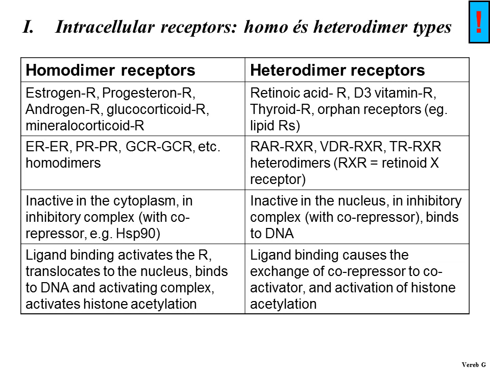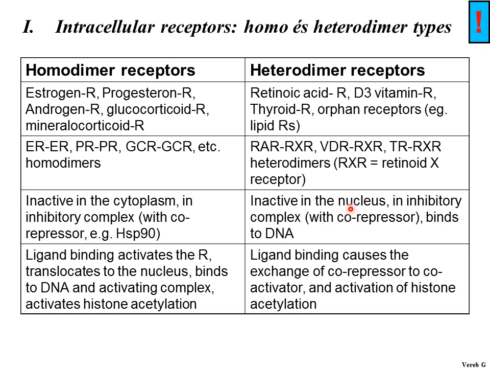The difference is not only in being heterodimeric with RXR when compared to the homodimeric receptors, but also that most of these receptors are already in the nucleus also when they are inactive in the non-ligand bound form.